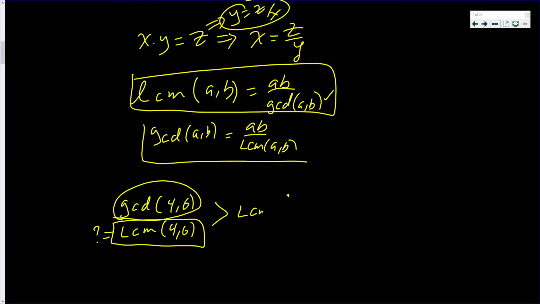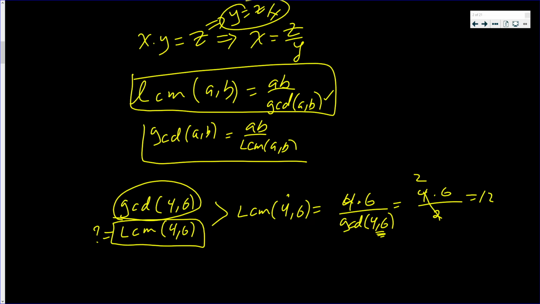The LCM of 4 and 6, this is A times B over the GCD of 4 and 6. This is 4 times 6 over, well, the GCD of 4 and 6 is 2. 2 goes into 4, so this is 12.